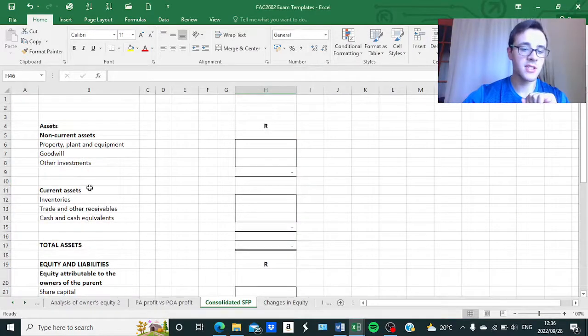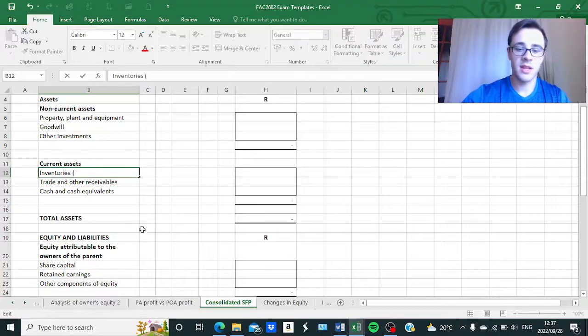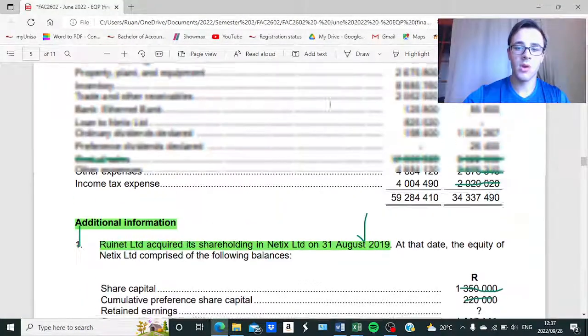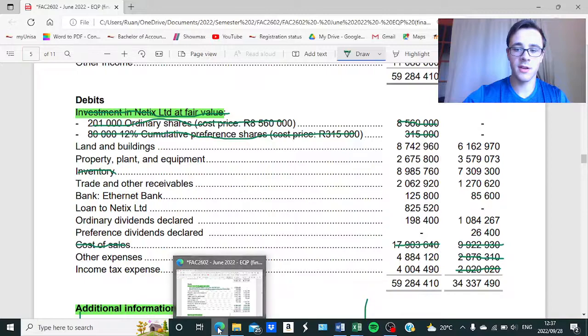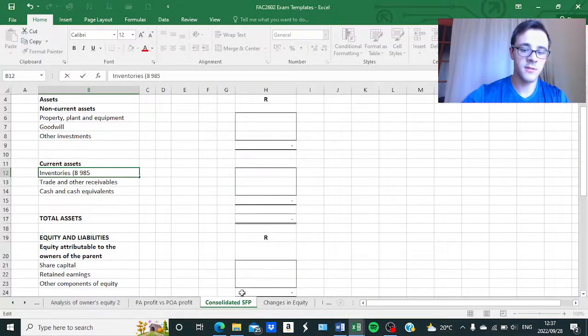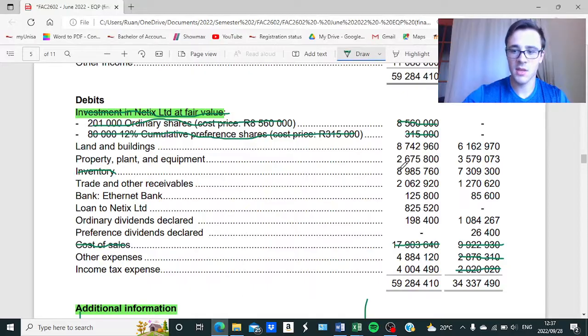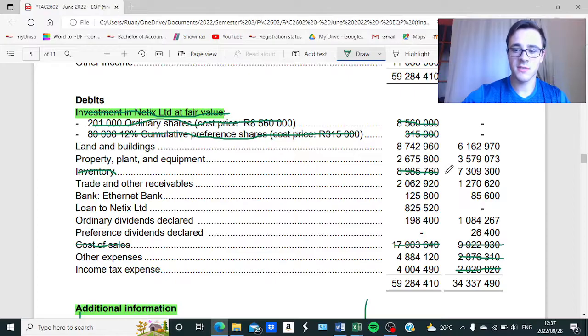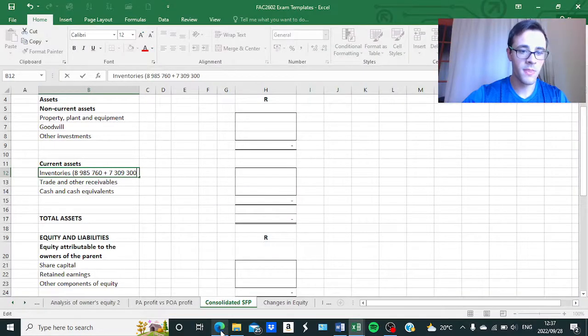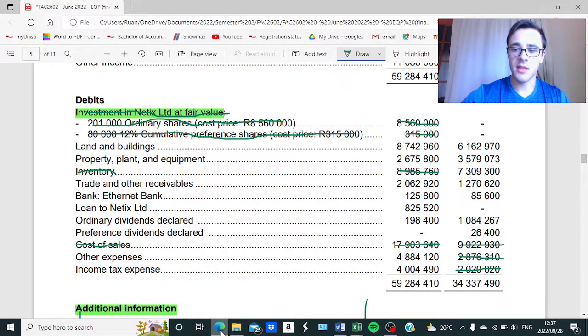So in your consolidated statement of financial position, total value of inventory for the group will be that of the parent, which is 8,985,760, plus that of the subsidiary, 7,309,300.